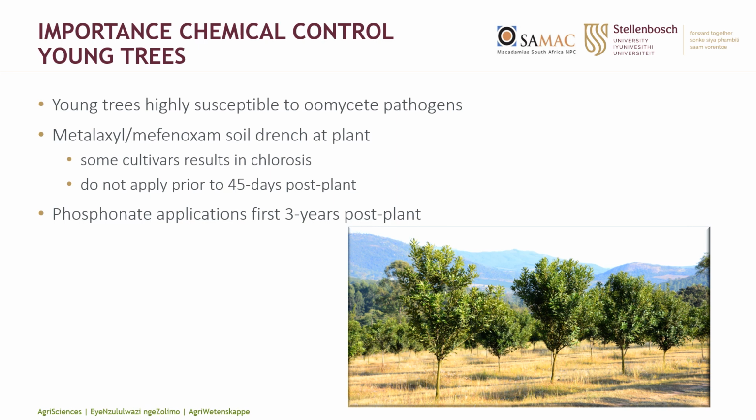However, since some cultivars are sensitive to the actives, the label states that it should not be applied at planting, but rather about a month and a half after planting, and then follow-up applications of phosphonates for the first 3 years to make sure that no infections take place. This is especially important when one plants susceptible rootstocks, and if you know that you are in a soil that will be conducive or the drainage on the site is not good.